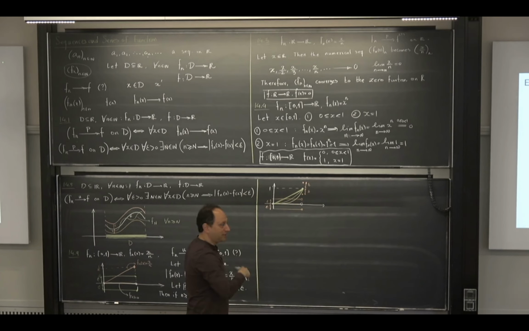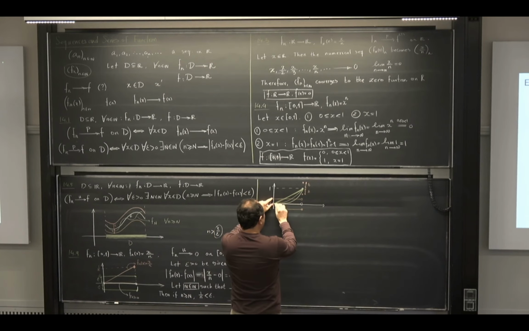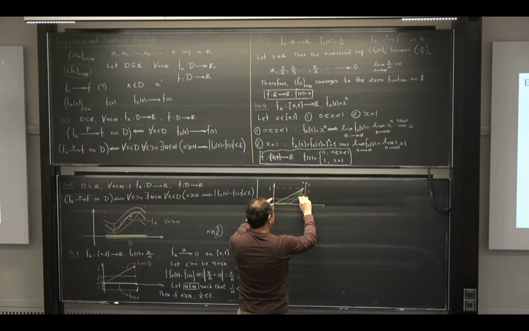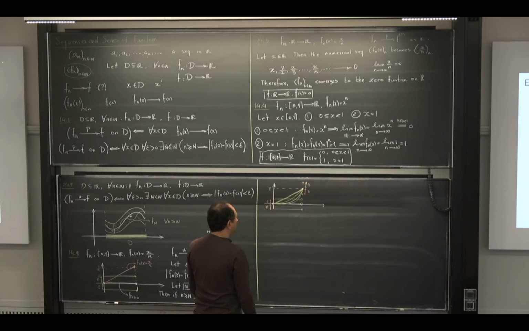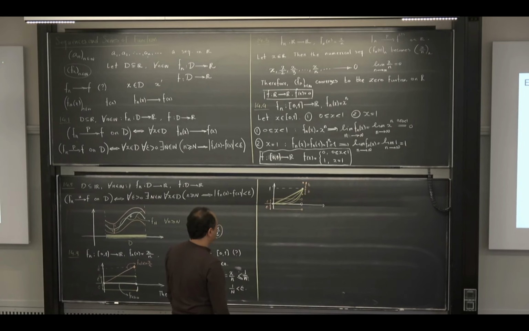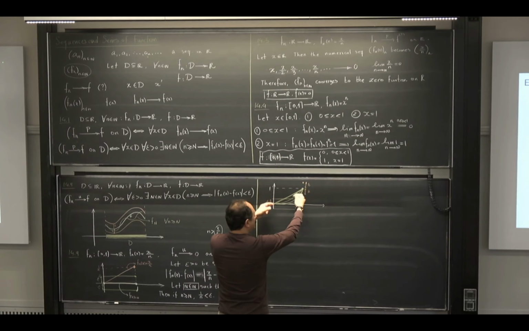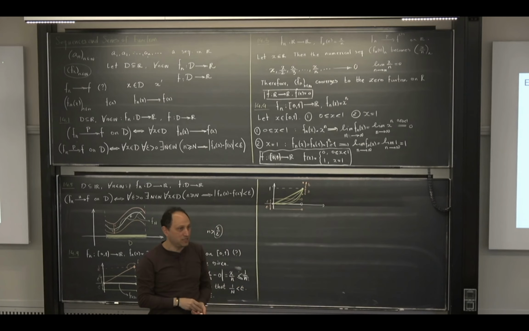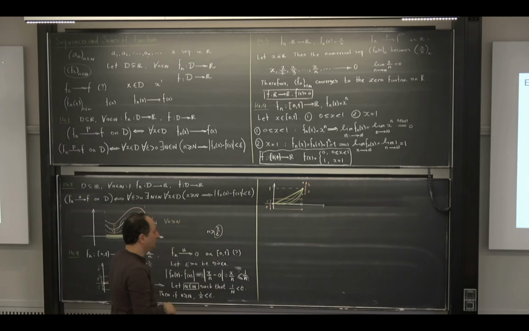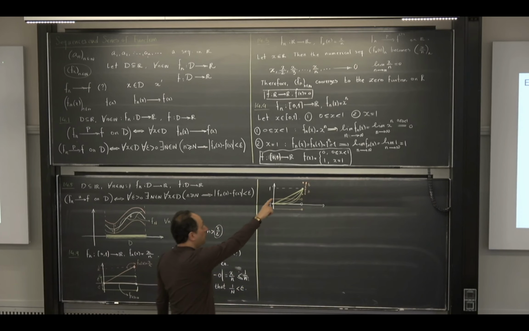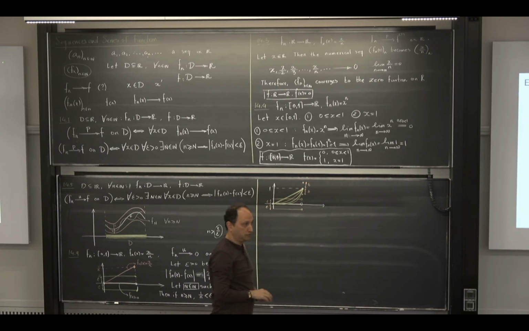There will be sticking out no matter how much I increase n. If I increase n, this becomes steeper. And then you see that it is not possible to have all these graphs within this band. So it is intuitively clear that this convergence is not uniform. It was pointwise, but it is not uniform.